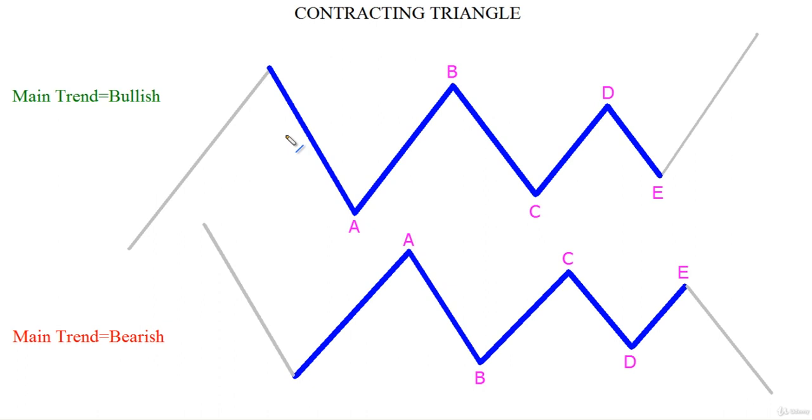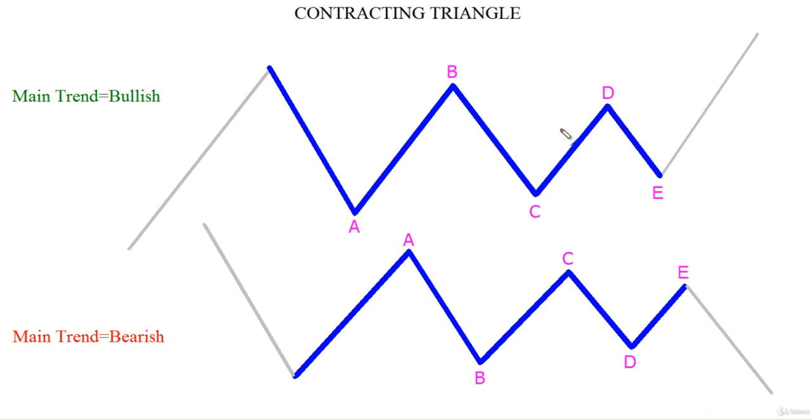This is not a rule, this is not a guideline, this is just one scenario that rarely occurs. Usually we see 4 waves as normal regular zigzags and 1 wave as a combination of zigzags that takes more time than the other 4 waves. So that's a usual case in a triangle.